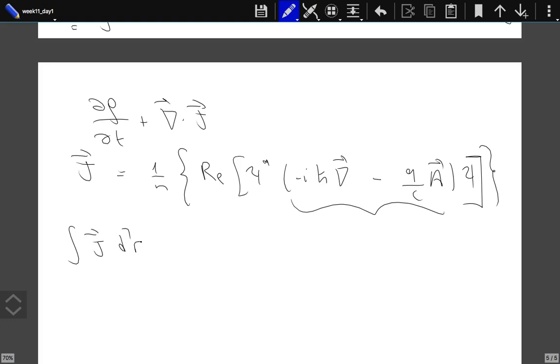If you integrate this over all space, what you get is basically the expectation value of the kinetic momentum over m. So that operator over there is nothing but our kinetic momentum, and we are sandwiching it between the states psi and psi star, between the same bra and the ket. Well, in the Heisenberg picture, this is nothing but 1 over m times m dr by dt.